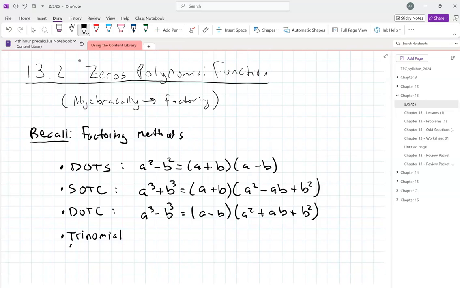We have trinomials in the quadratic form where a is equal to 1.